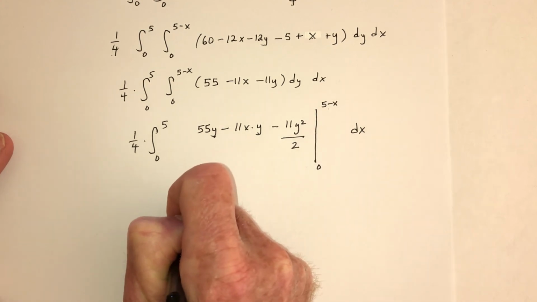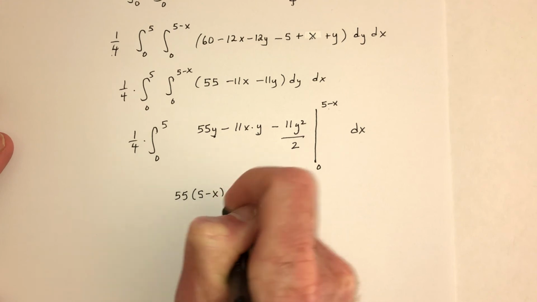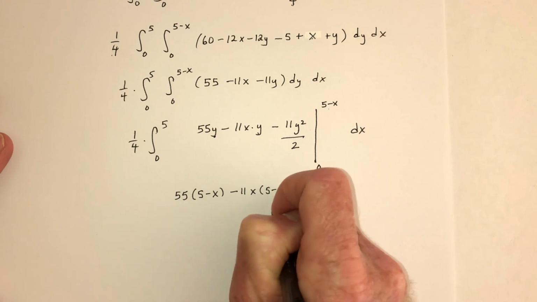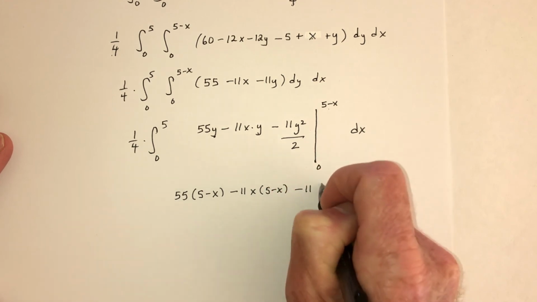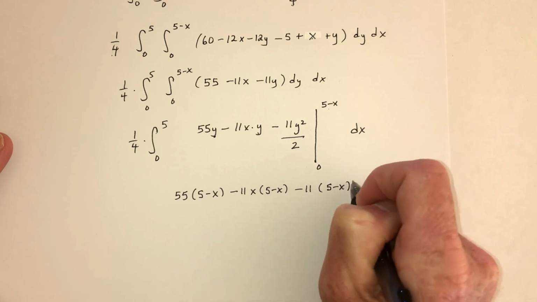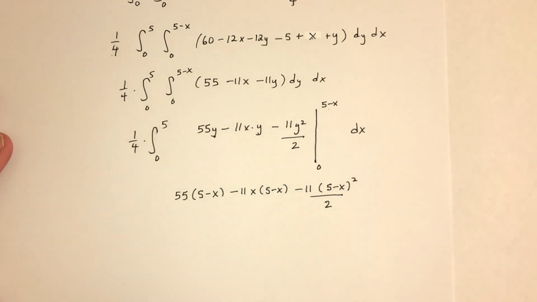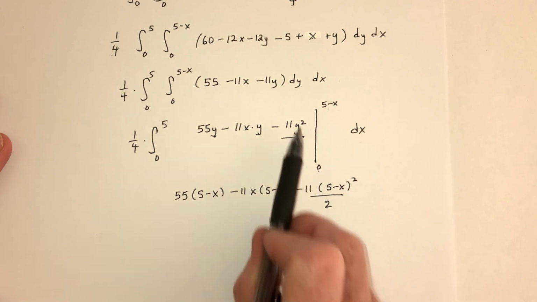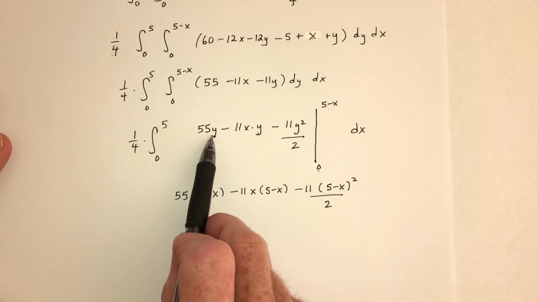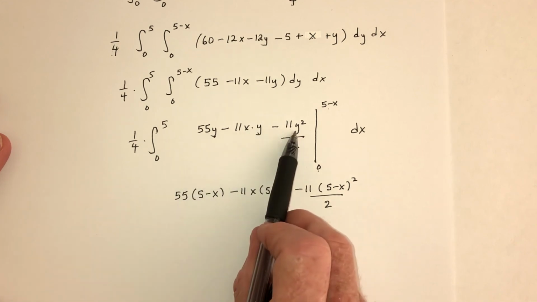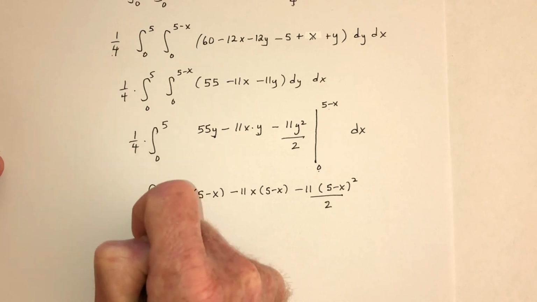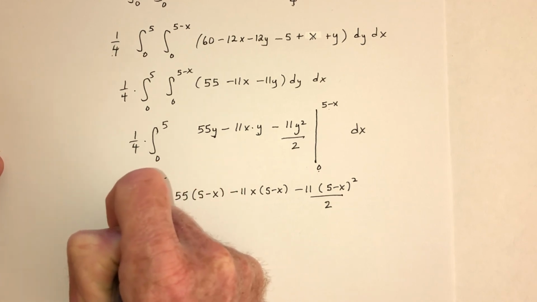So we'd have 55 times 5 minus x, minus 11x times 5 minus x, and minus 11 times 5 minus x squared over 2. Now substitute 0. And right now this is y equals 0, which means that's a 0, that's a 0, and that's a 0. Now we still need to integrate from 0 to 5 and multiply it by 1/4.